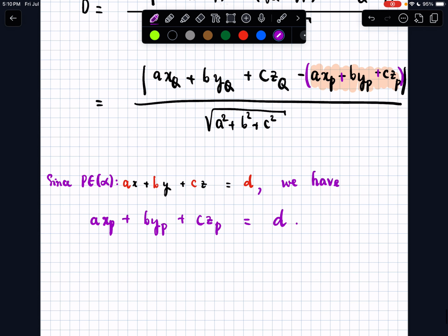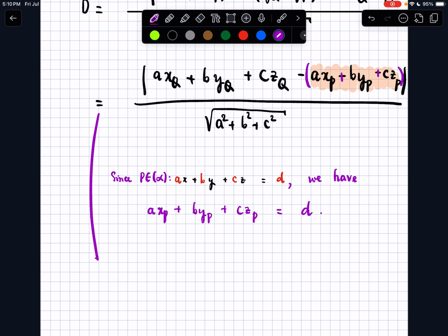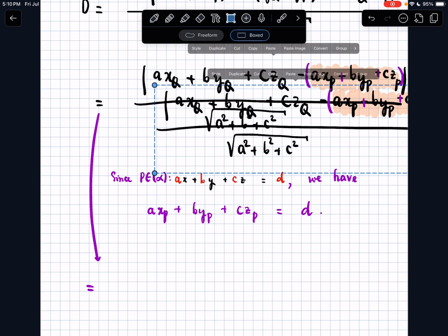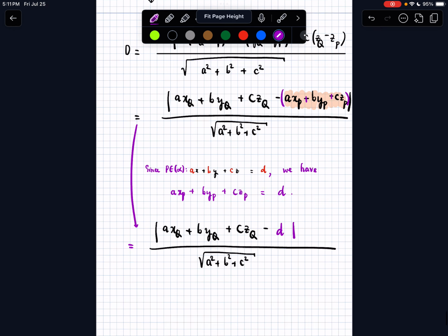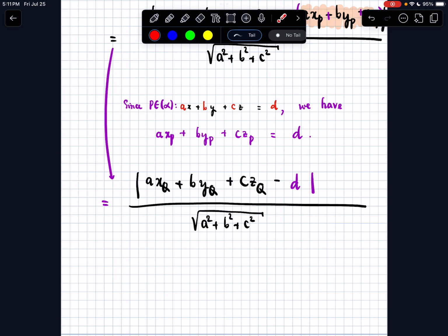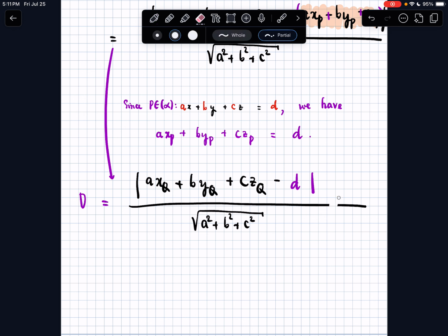With that, this one equals minus d, in absolute value. And at the end, we don't even need to use the coordinates of P at all. So we can pick an arbitrary point P on alpha. So this is the formula of the distance.